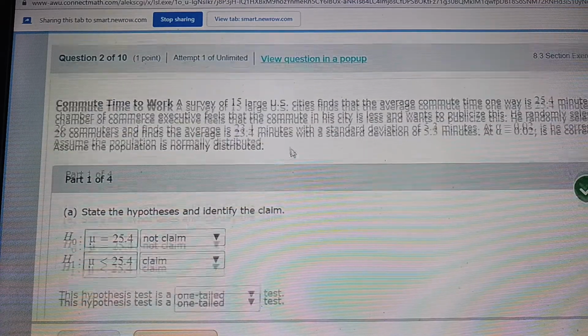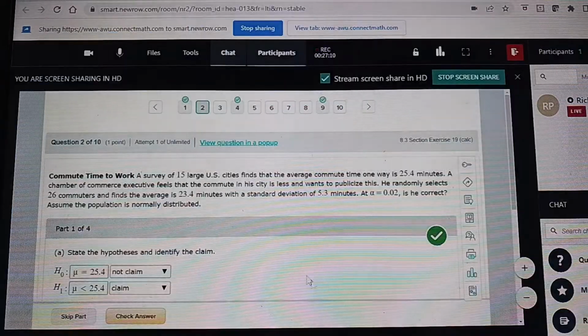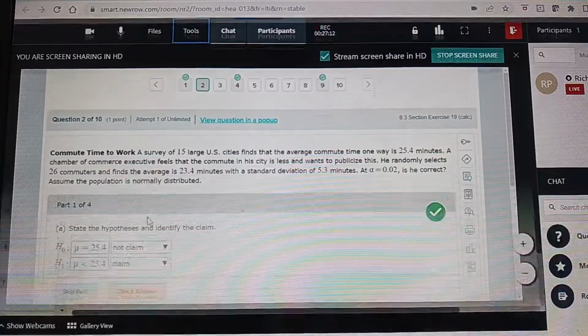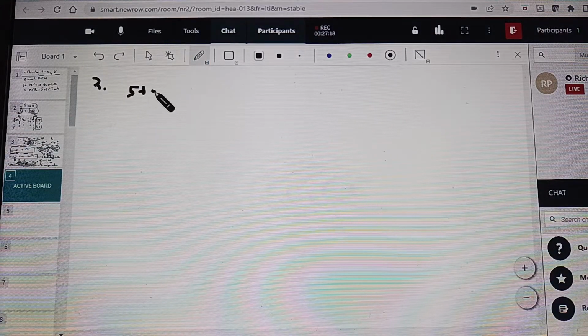But what's different on number 2 compared to 1 is when they mention where he's taken a random sample, there's always a mean in that sentence, but then it says with a standard deviation. So it doesn't say population or sample, but this is definitely sample because it's with all the sample information. So number 2, we got our step 1.